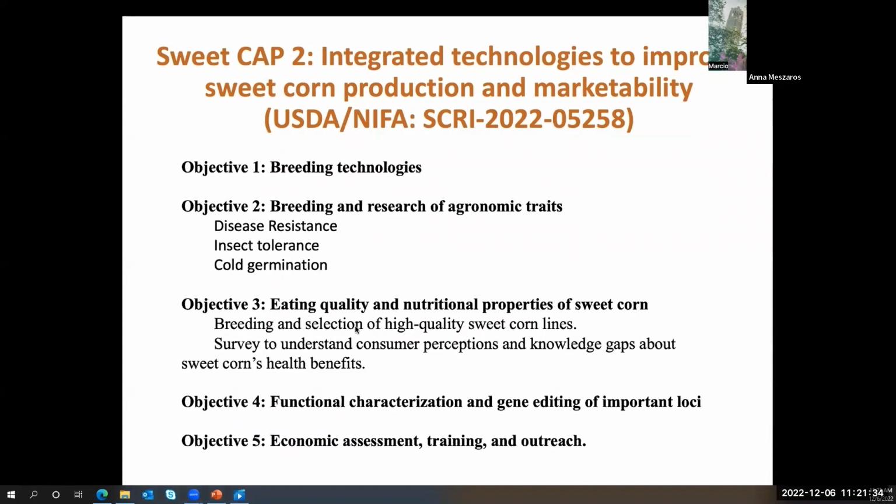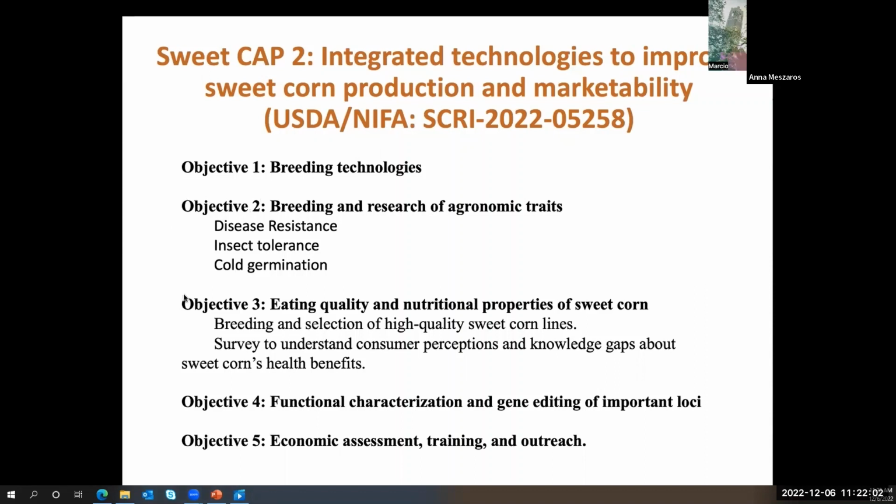So just as a brief summary, the project has 5 objectives. Objective number 1 is to develop breeding technologies. So this is identifying ways by which breeding, which is a long process, can either be improved or accelerated. So how can we get to better hybrids faster? And that's a lot of what this objective 1 is about.